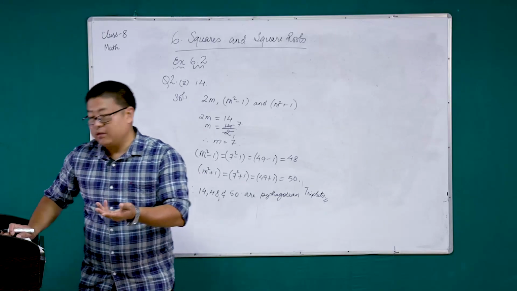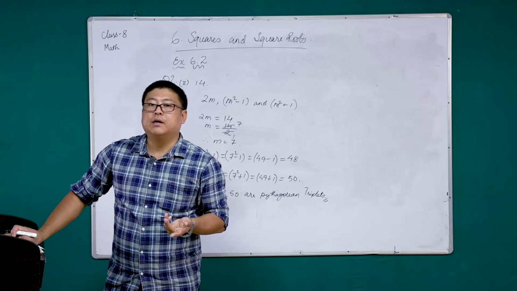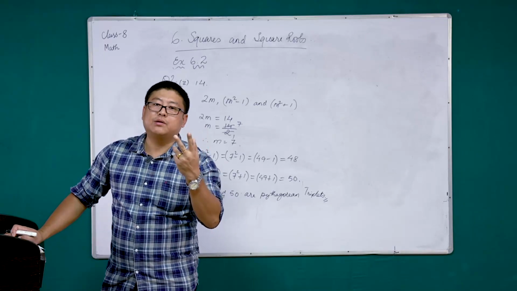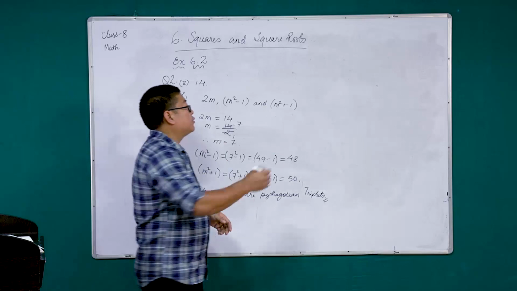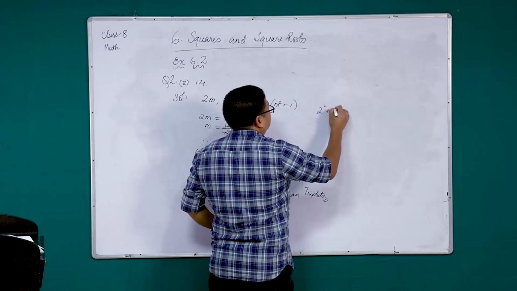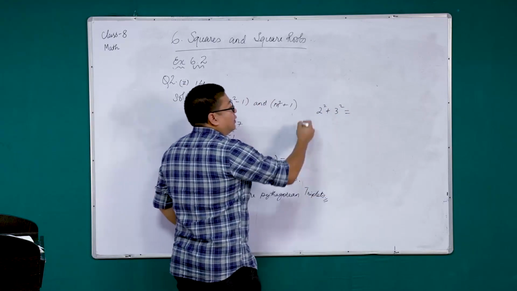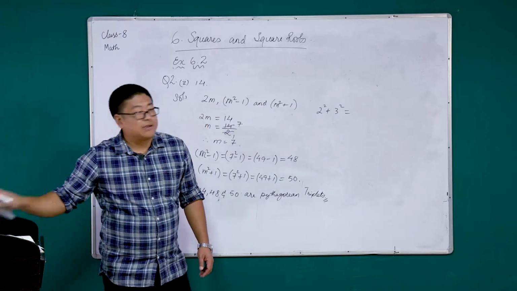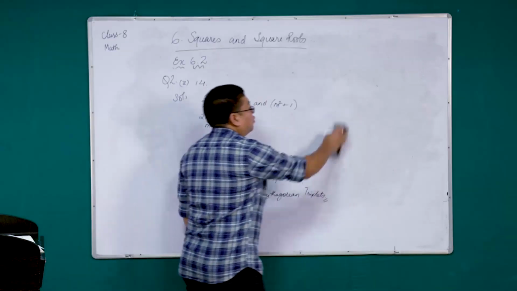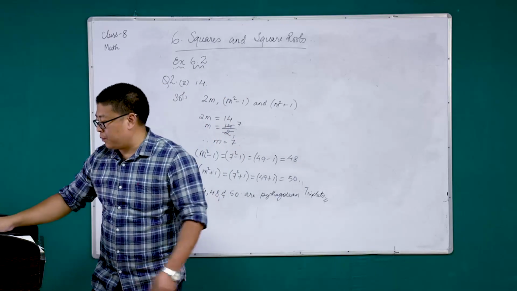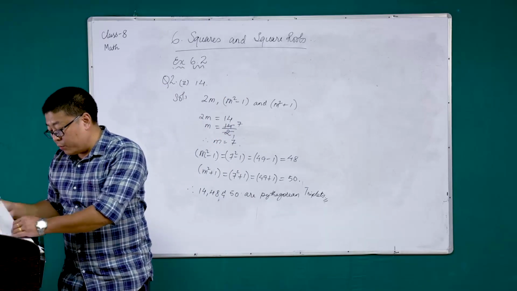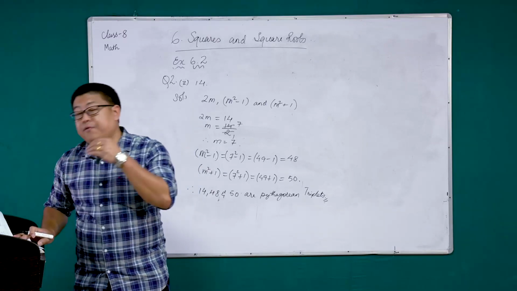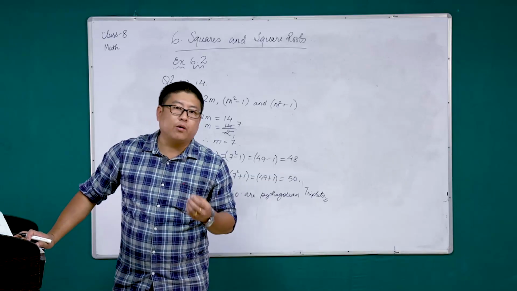Next, we learned about Pythagorean triplets, where we add two numbers of two different squares, for example, 2 square plus 3 square, and we get another square. So these are the topics that we have covered so far, and the only topic remaining, which we will be doing in our next class, is the different methods of finding square roots.